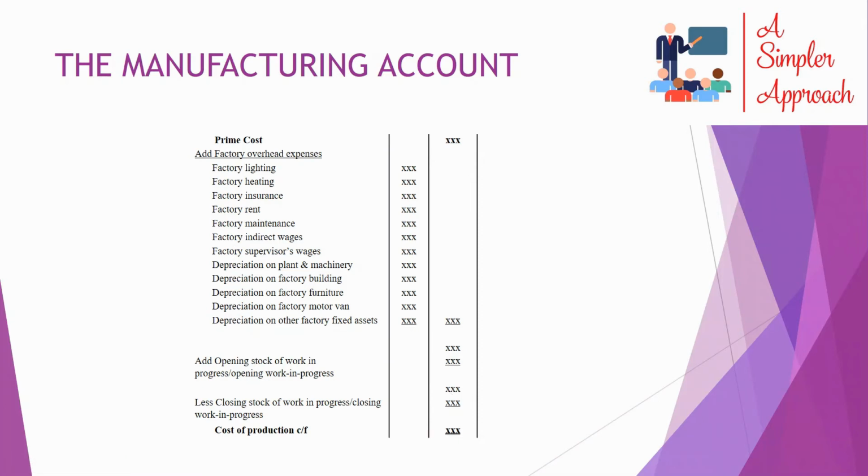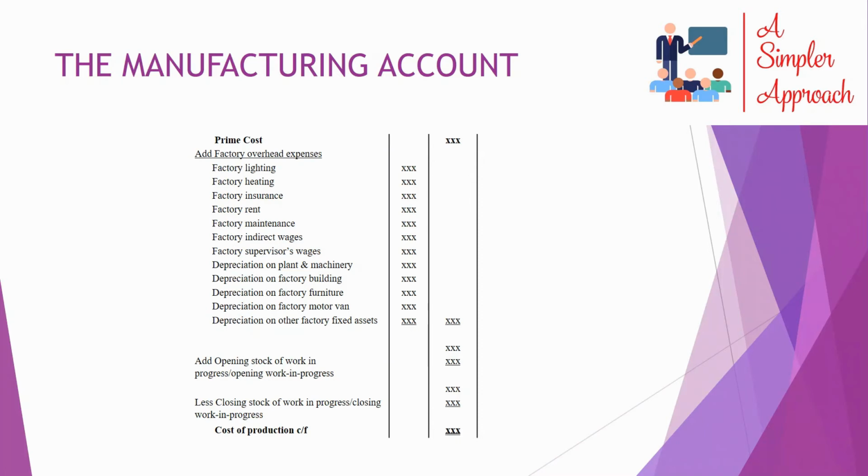Then we subtract the closing stock of work in progress. Now, if you are wondering what's the difference between opening work in progress and closing work in progress, opening work in progress are those semi-finished goods that we had at the beginning of the accounting period.